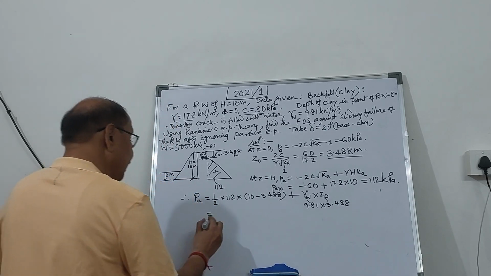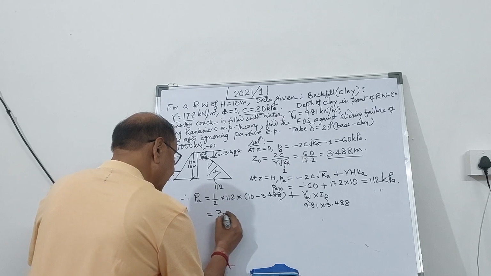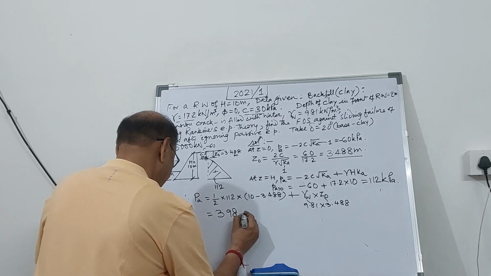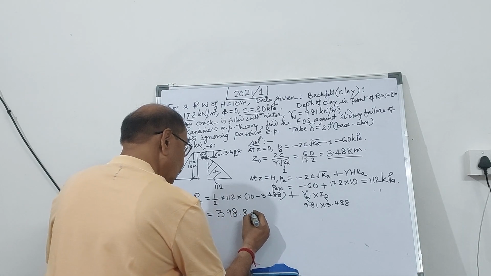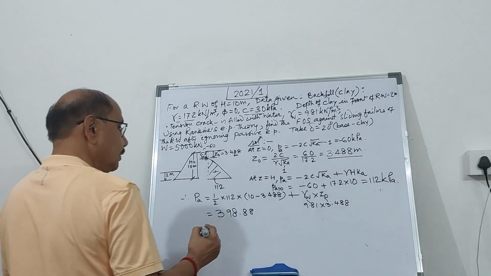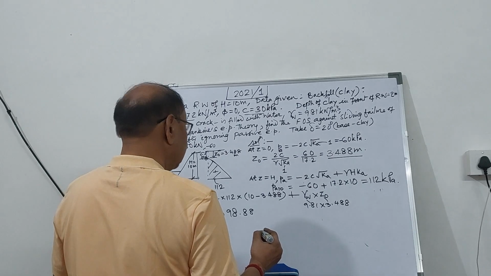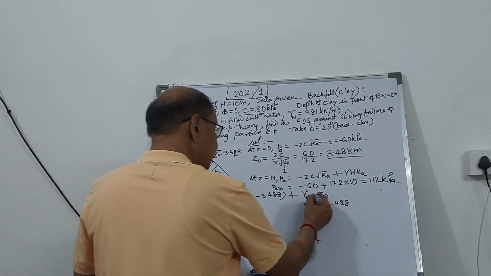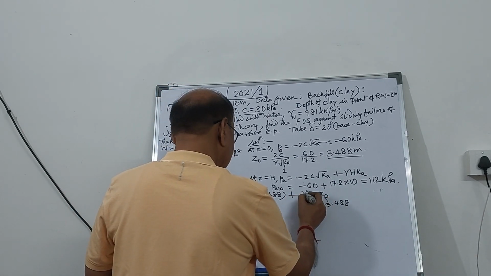So PA is going to be 398.88. This is going to be the pressure.